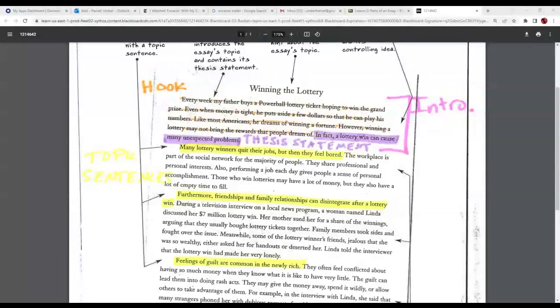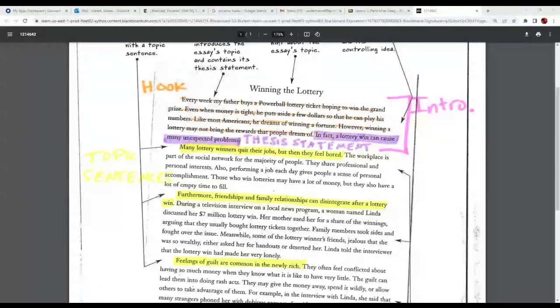Patricia, can you read that sentence for me, please? In fact, a lottery win can cause many unexpected problems. Okay, very good. Thank you. Can anybody tell me what the job of a thesis statement is? Don't be afraid to give me a wrong answer. Just answer. What's that sentence's job?